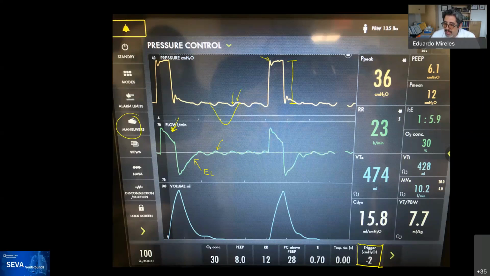Ariel says, I suspect auto-triggering, so false triggering, when an unexplained respiratory acidosis is present that does not match the sedation status. It would be alkalosis, actually, that the patient has respiratory alkalosis because the CO2 goes down and it doesn't match sedation.